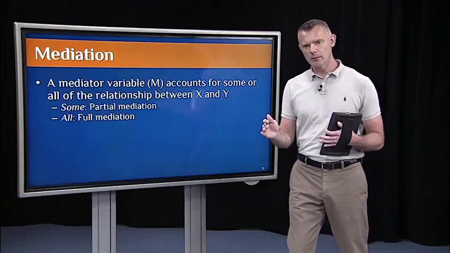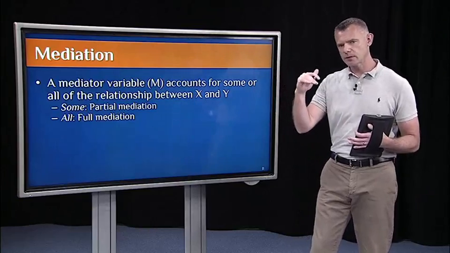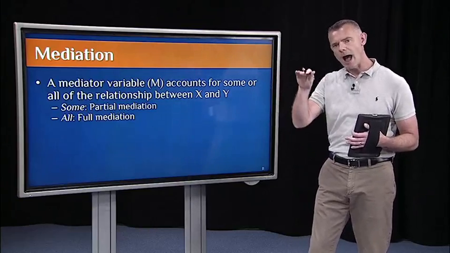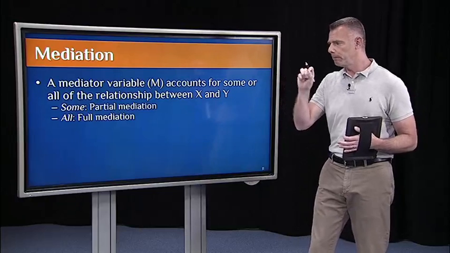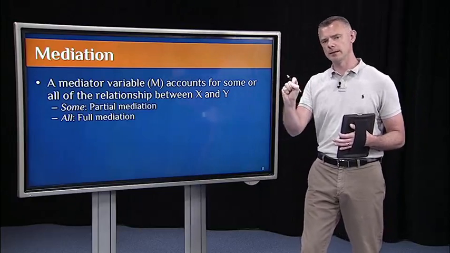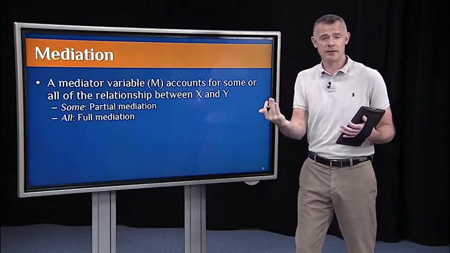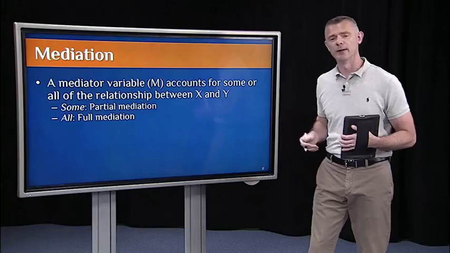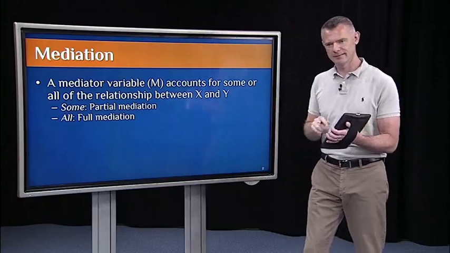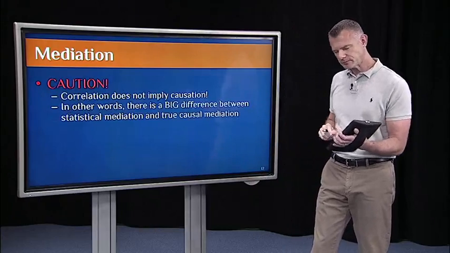But it's also possible that it will just account for some of the variance. So you'll see a drop in the regression coefficient associated with x, but you won't see it drop all the way to 0, and it might remain significant. So there are two possibilities. Well, actually, there's three, right? There's also no effect, no mediation.